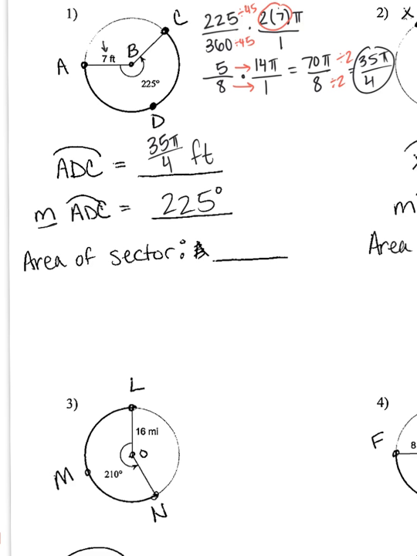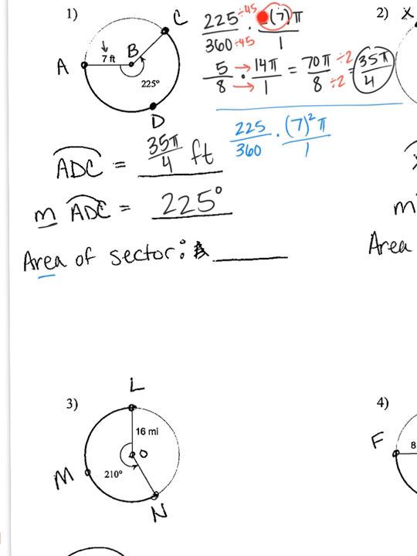Finally, we're finding the area of the sector. So we're going to need to do a formula very similar to the last one. We're going to do central angle of 225 over 360. And then now we're going to times it by the area of the circle. And the area would be radius, so 7 squared times pi. Look how similar these two formulas are.